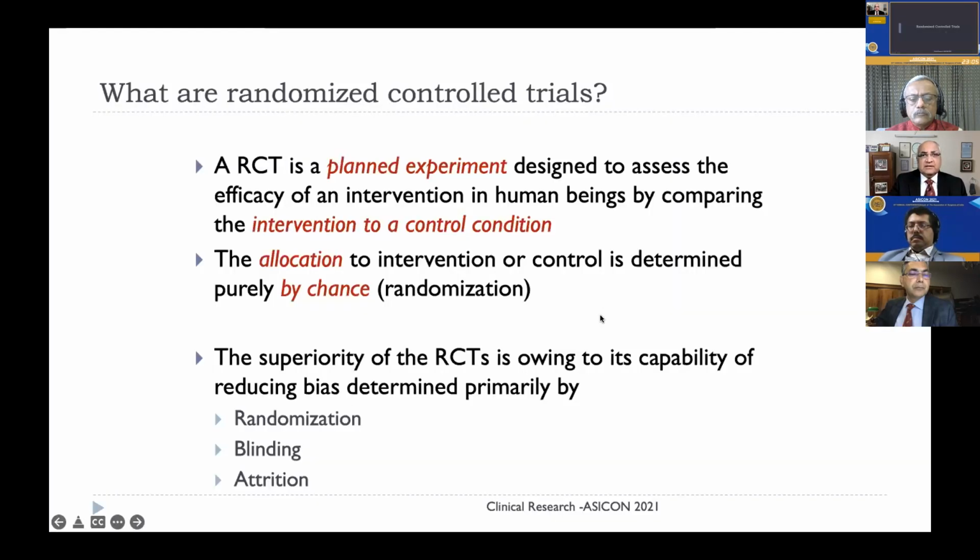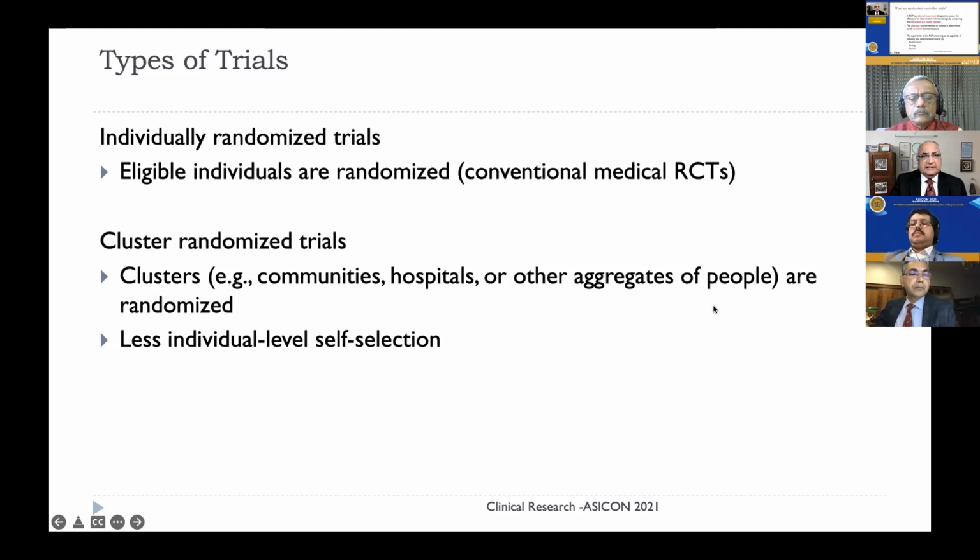These are classified as randomized controlled trials, where you have a planned experiment in which you divide patients and give an intervention, and a control arm is there. This is randomized, so all patients have an equal chance of going into the intervention or control arm. This has the least bias; randomization, blinding, and attrition control decide it.